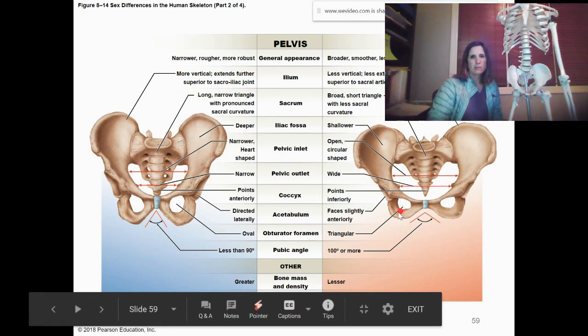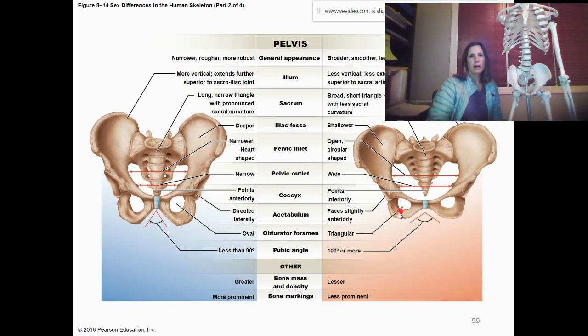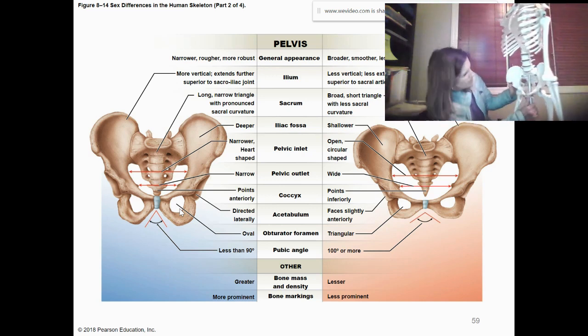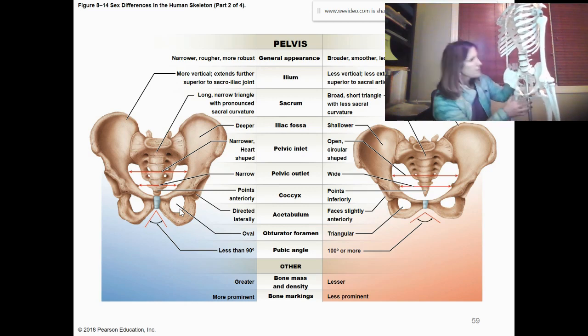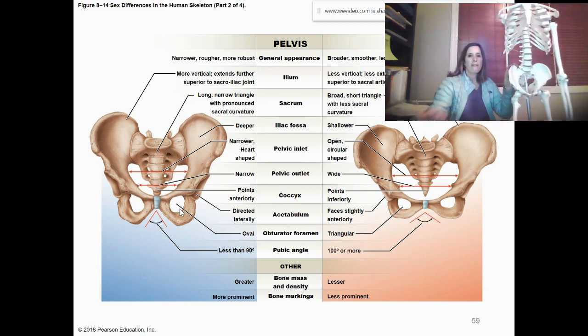And then you get more of a triangular shape with the obturator foramens as opposed to more of an oval shape. So there's several little things, but generally you'll see the females be wider and the iliac fossa more shallow. And then the pubic angle, this is pretty narrow. Yeah, I would say this is more male.